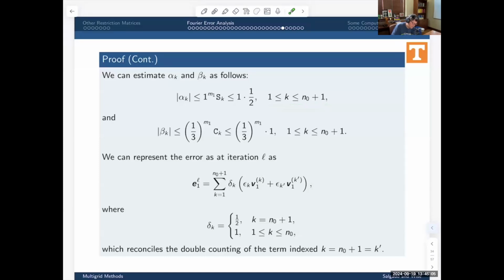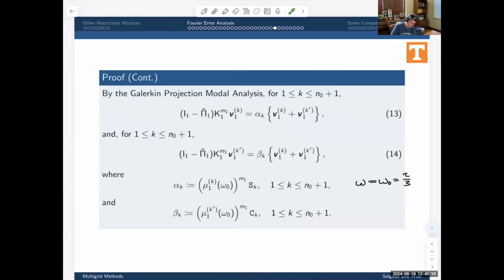What can I say for the beta k's? These were for the high frequency end of the spectrum because these involve k prime. So those are high frequency. The k is still restricted to the low frequency end, but remember, if k is in the low frequency range, the reciprocal wave number is in the high frequency range.